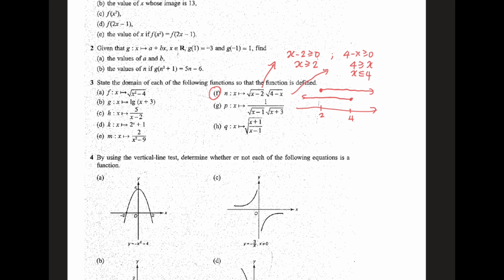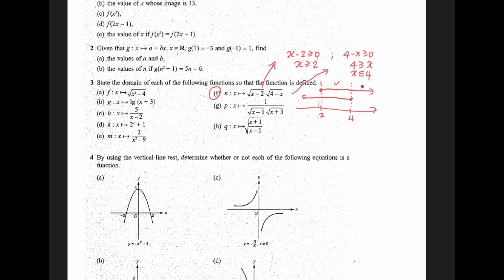So these two inequalities accept here as the common acceptable values. So to make these two defined at the same time, we have to take values from 2 to 4.